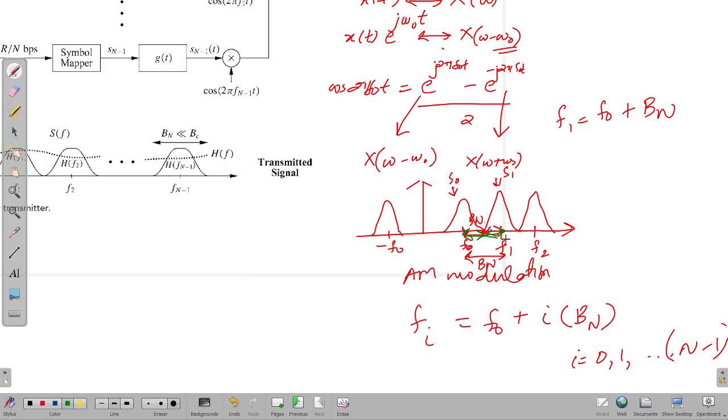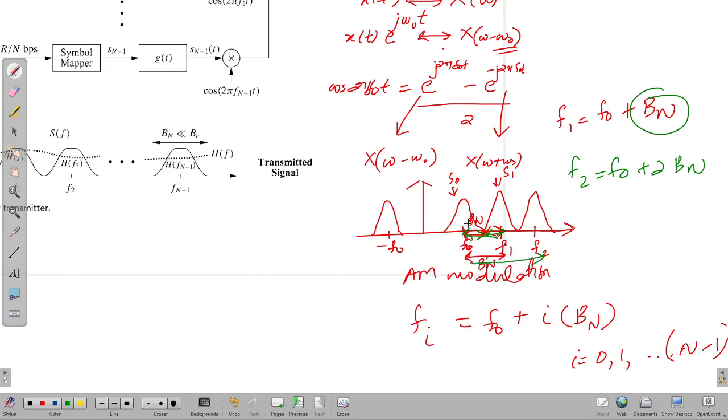So only if you have a separation of Bn will there be no interaction between the two substreams. So fi should be designed such that it is equal to f naught plus i times Bn. f2 is going to be f naught plus 2 times Bn.